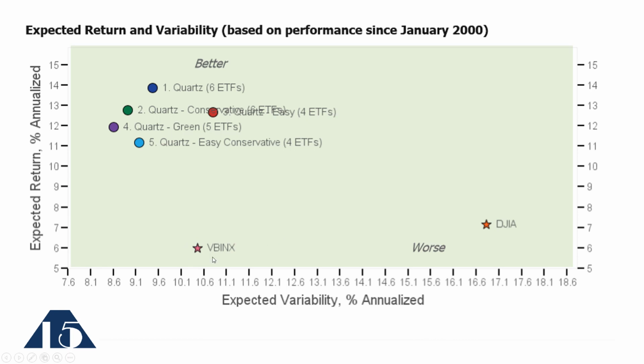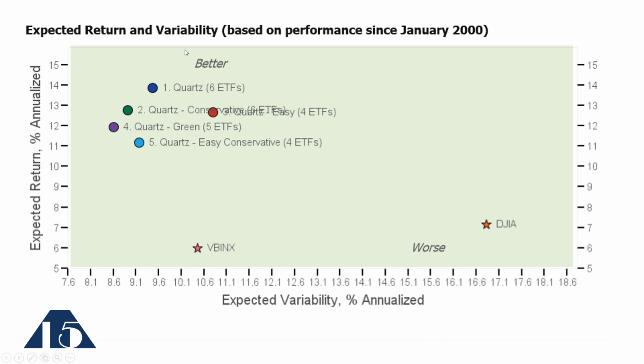The fund VBINX is shown in this spot, and it has a return of about 6% annualized since 2000, and the variability is just about 10%. The Dow Jones Industrial Average has a variability of about 17% and return a little bit higher than VBINX of about 7%. The model portfolios have performed well in simulation over this time period.